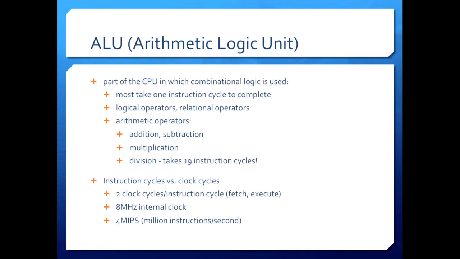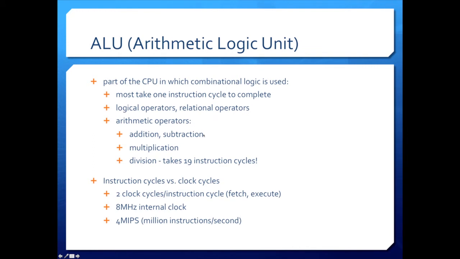The ALU is part of the CPU, which uses combinational logic, and we know this from our work in grade 11 when we made adders and subtractors. The nice thing about the CPU is that it usually takes only one instruction cycle to complete one instruction. Some take more than one, some take two, but most take one. This is the part, the ALU, where we deal with logical operators and relational operators, and most things pass through this ALU.